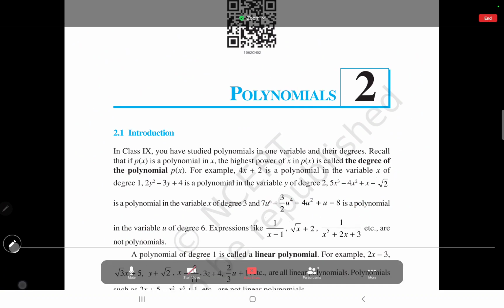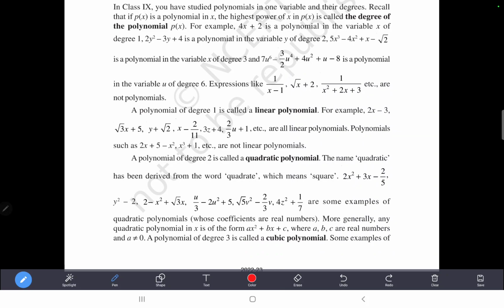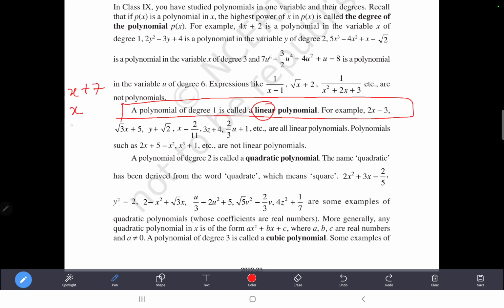Now if the degree of polynomial is 1, write this definition in your formula book. If the degree of any polynomial is 1, it is called linear. Linear means degree is 1. Multiple examples we can say: x plus 7, x plus 2.